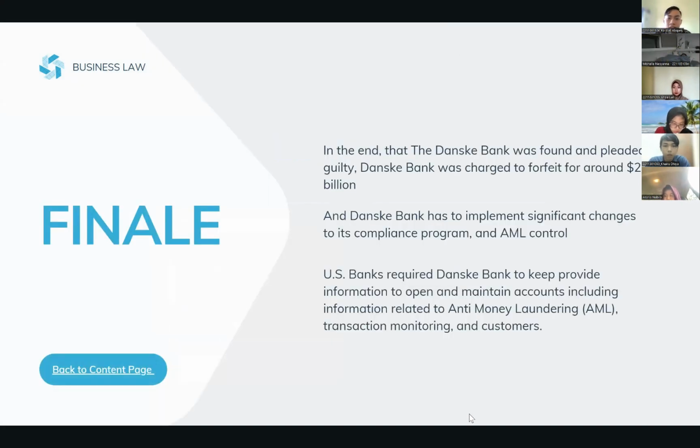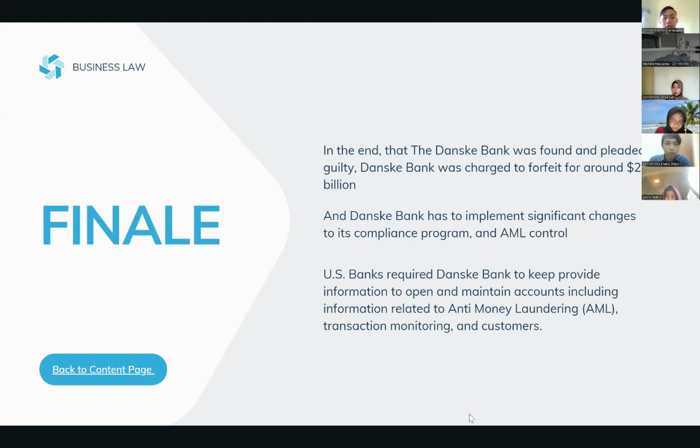Okay, so I'm going to tell you the final outcome of this case. What happened with Danske Bank? First, we know that Danske Bank pleaded guilty and was found guilty of money laundering and suspicious transactions. Danske Bank was charged to forfeit around $2 billion.